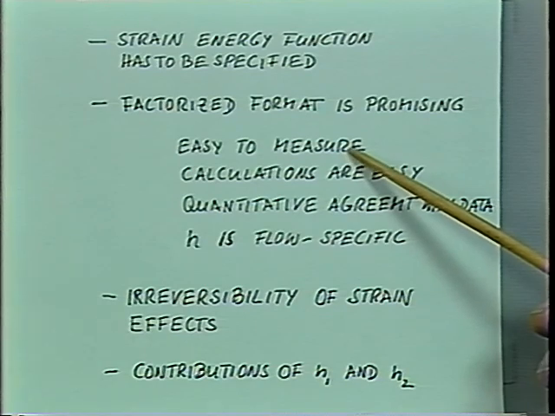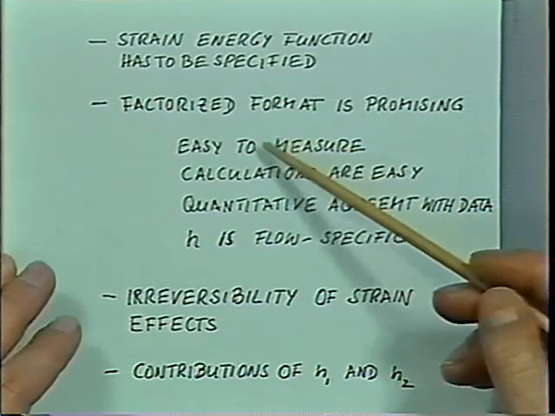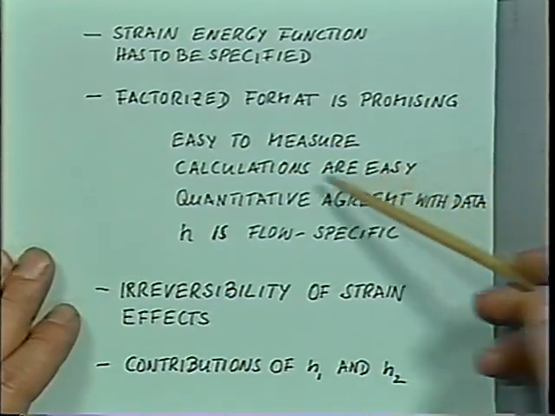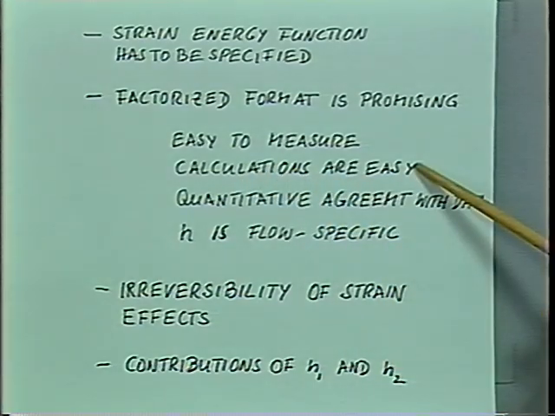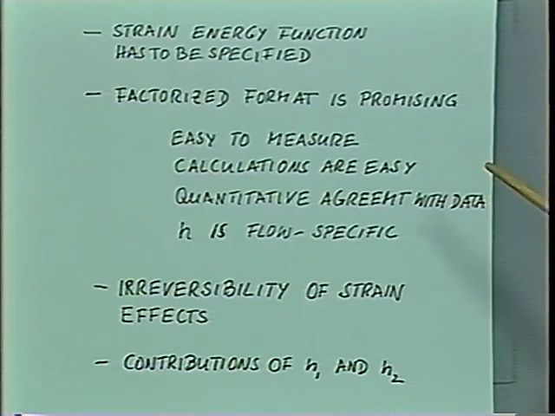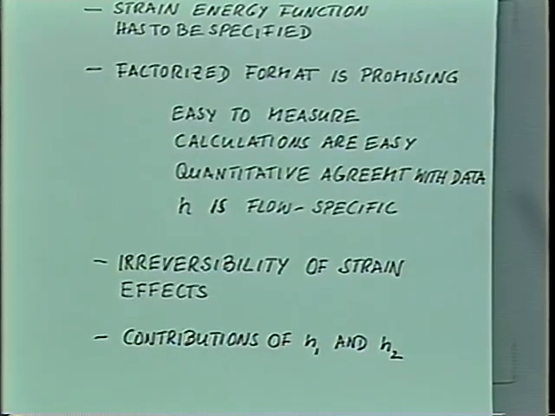We determine the strain dependence fairly easily in step strain experiments, or from viscosity or other large strain experiments. The calculations are fairly easy because you end up with exponential functions which you can integrate. It's somewhat messy occasionally, but it's still fairly easy to obtain solutions.